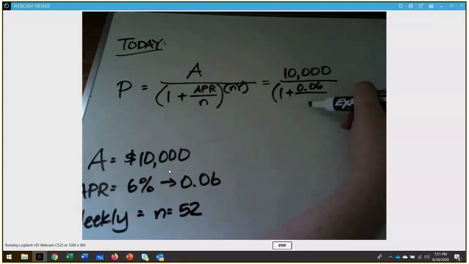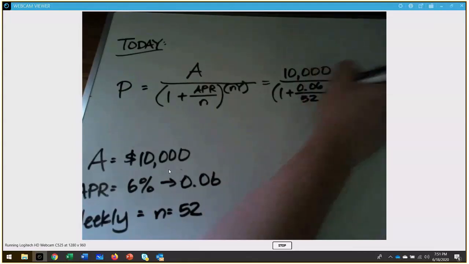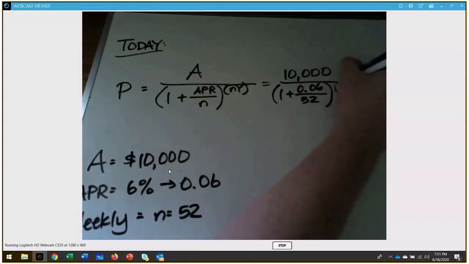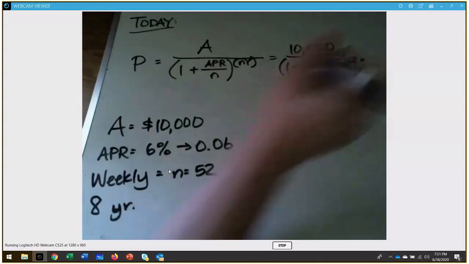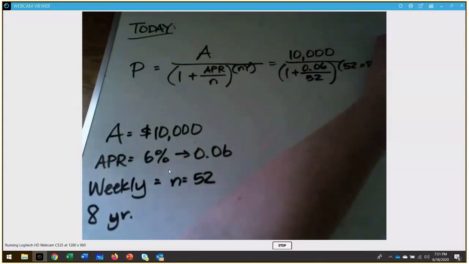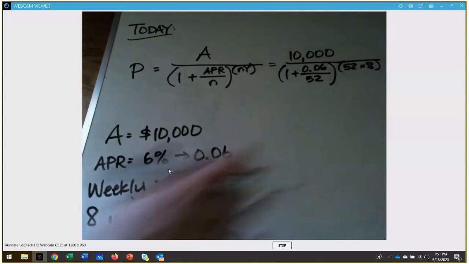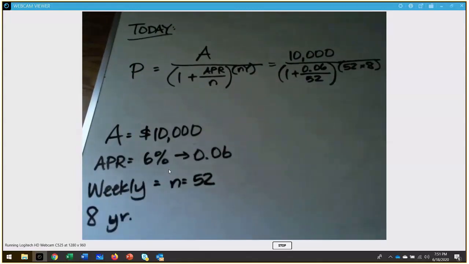My N is 52 because it's weekly compounding. And then I'm multiplying that by 8 years. And that should tell me how much I need to put in today.